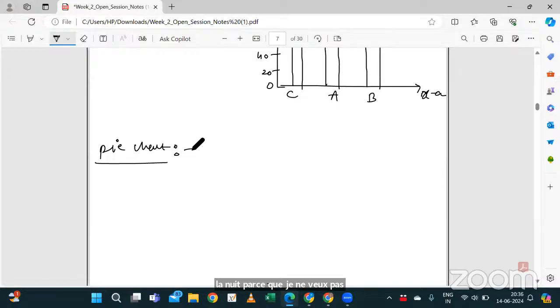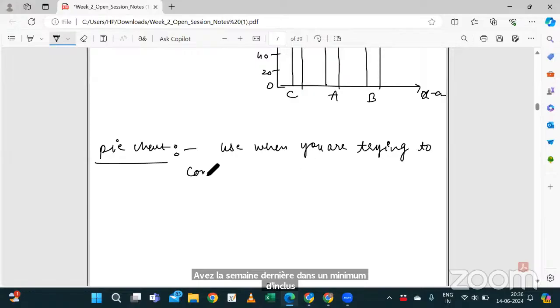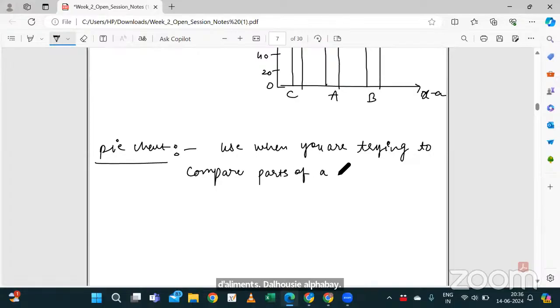So a pie chart is normally used when you are trying to compare parts of a whole. I will explain in a minute what is the meaning of that. Okay, so what does this mean actually?